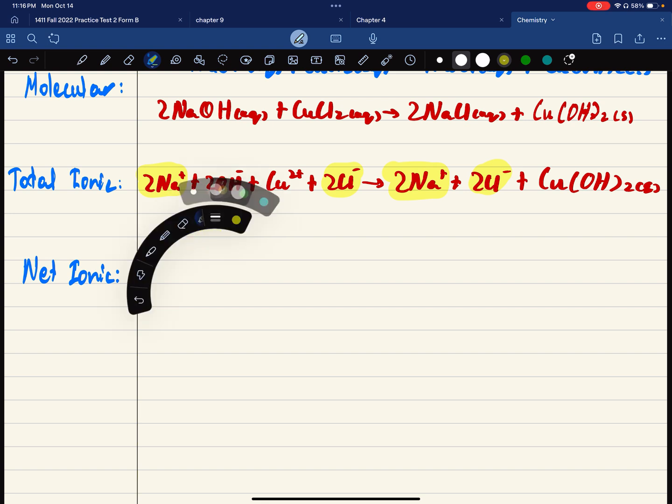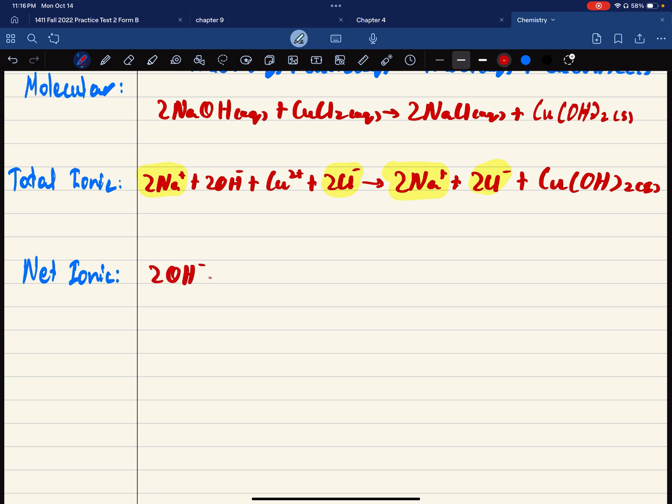So as our net ionic equation, we have 2 OH minus plus Cu2 plus, which gives us Cu(OH)2 solid.